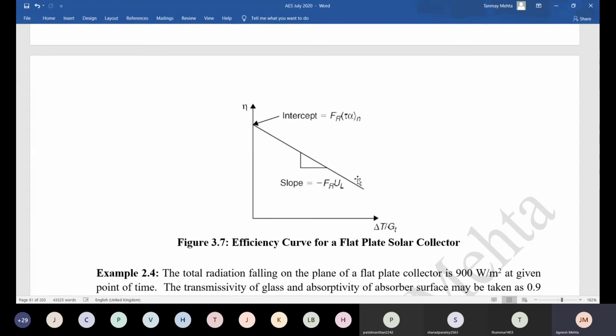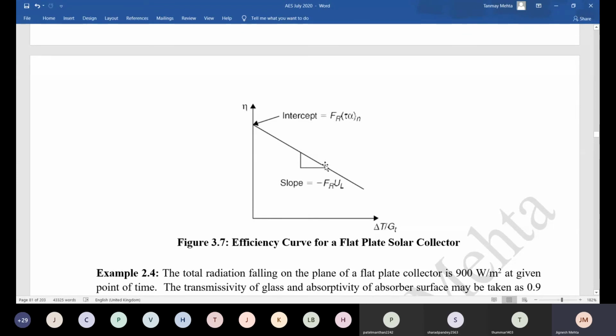Okay, so I hope the concept about the efficiency, what are the parameters affecting the efficiency, and how the testing of a solar collector is done to generate the efficiency graph is clear, right? So once this graph is generated, you can get the equation for this graph. You are going to get multiple points, and you are not going to get all the points on the same line, right?